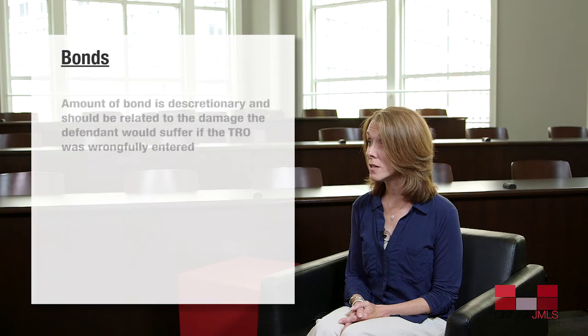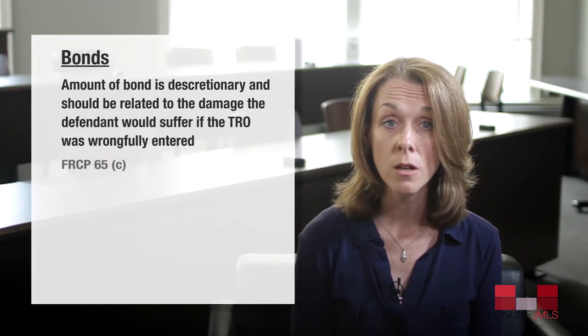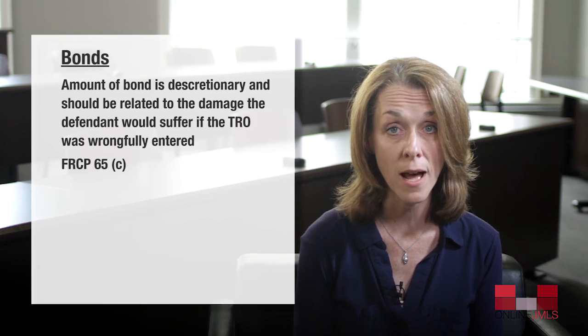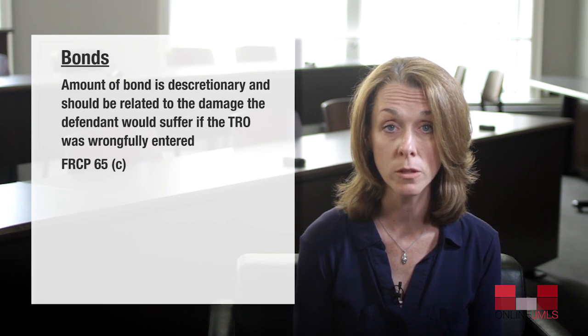Finally, because a party could suffer serious harm if it is wrongfully restrained or enjoined under a TRO or a preliminary injunction, Federal Rule 65(c) requires that the movant post a bond before a TRO or preliminary injunction will be issued.